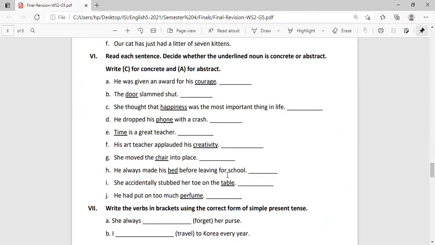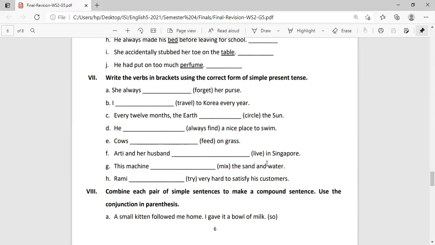Okay, yalla, let's go back to the worksheet. Write the verbs in brackets using the correct form of simple present tense. Who wants to start? Ali.